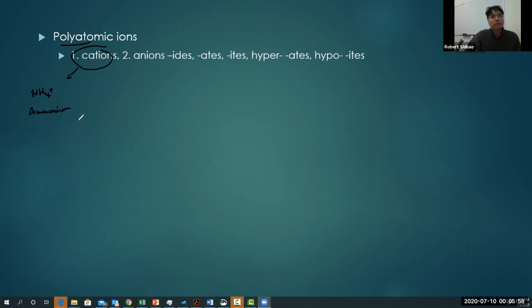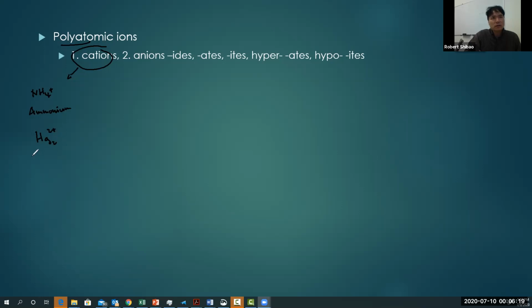What else is polyatomic? Oh yeah, there's one more. This is a weird one. It's Hg2 2+. This is diatomic mercury, but it's a diatomic mercury ion. Each mercury is +1, and we have 2 of them, so it's +2.